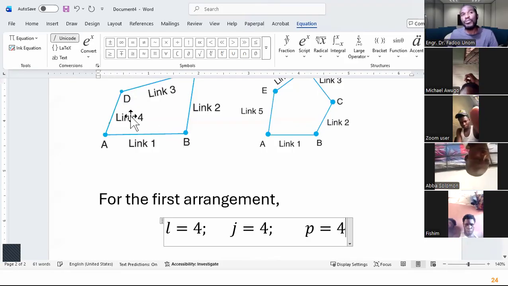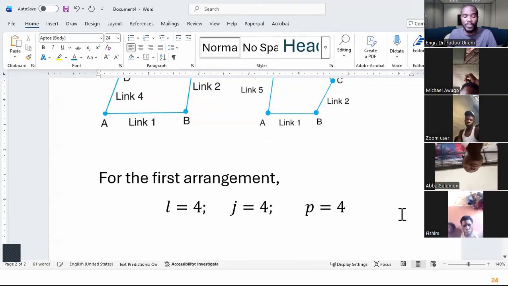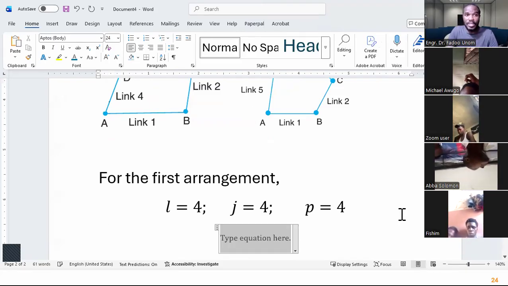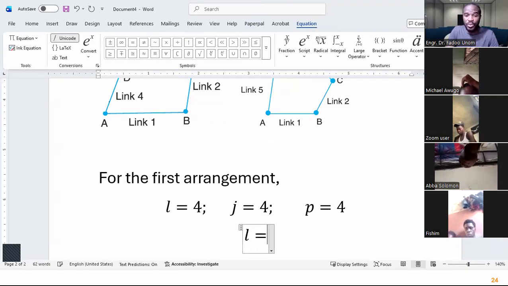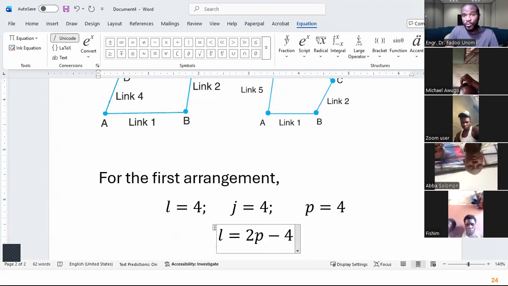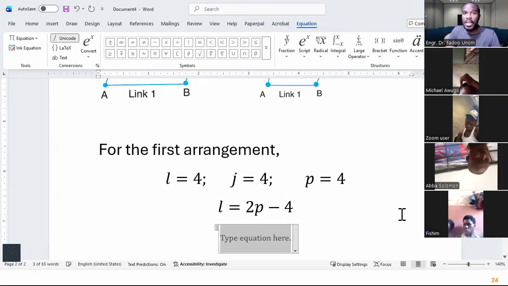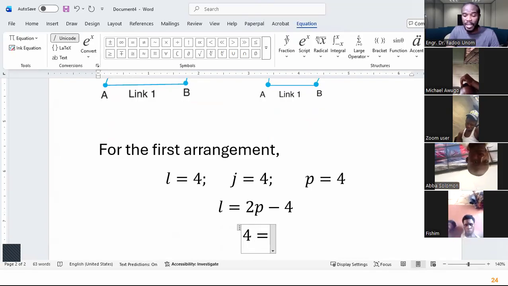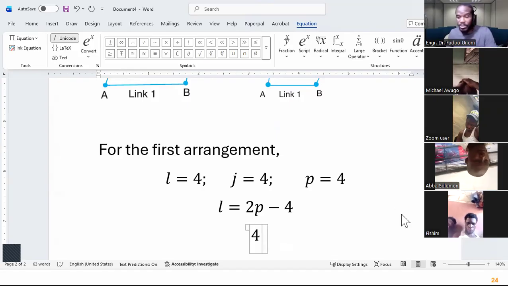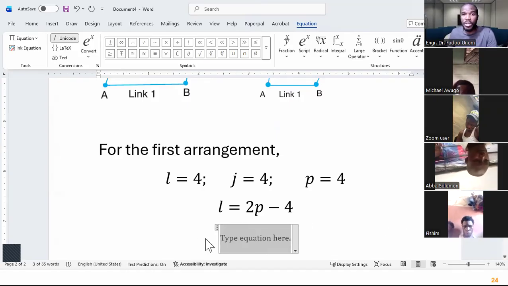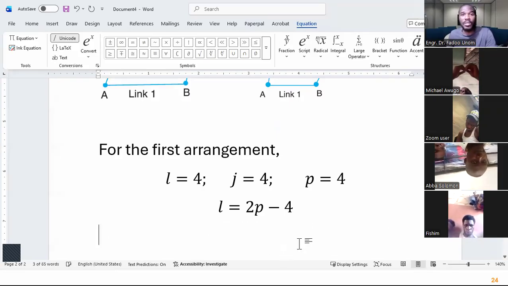So for this first arrangement, let's check what it is. The equations to test are L equals 2P minus 4. We're going to do it directly here so that we can be fast. No, we can't, if we do that we will run into trouble. Let us not do it that way.